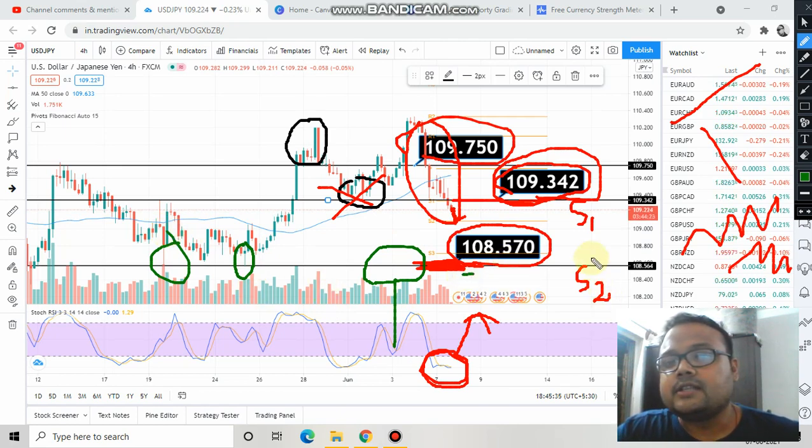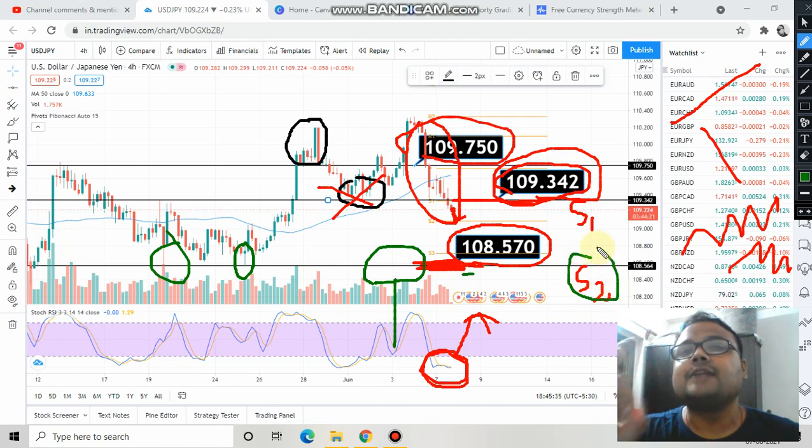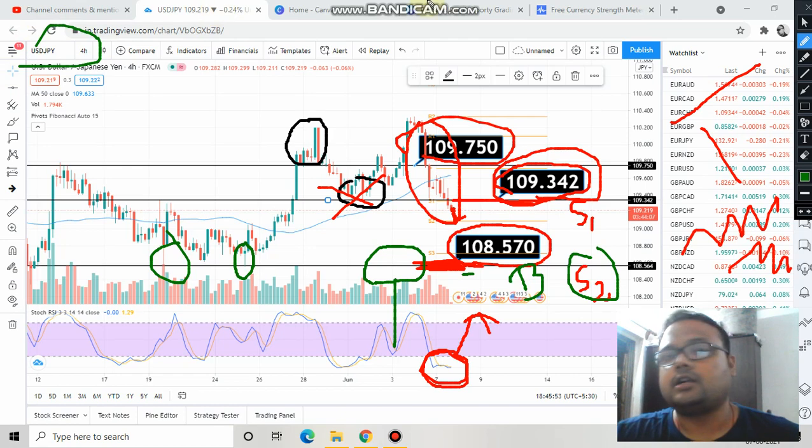Support 2 has provided the required support and the market is about to bounce, and you can go for a buy order at this price level. So these are the trading possibilities for you right now in the US dollar Japanese yen chart.